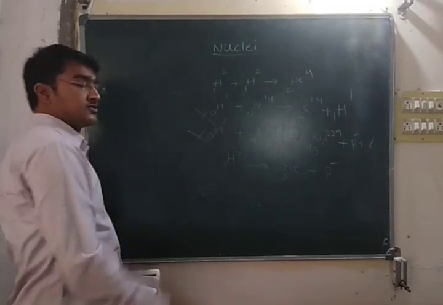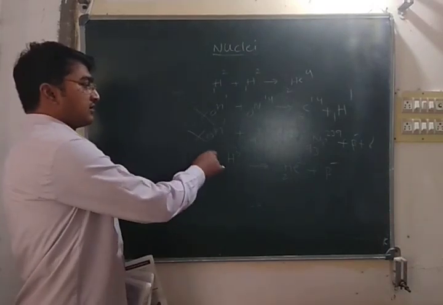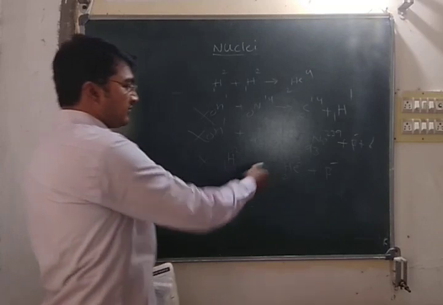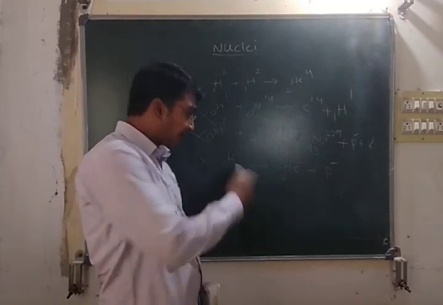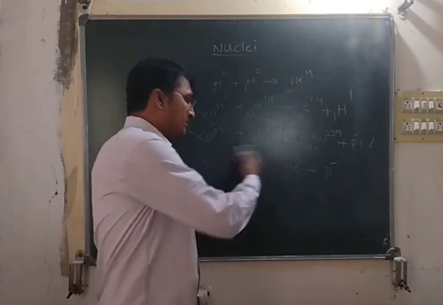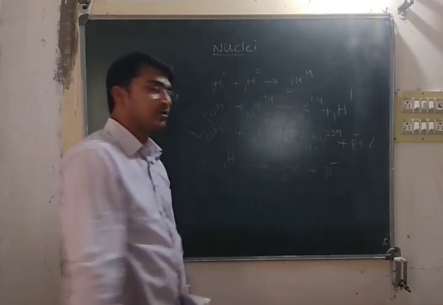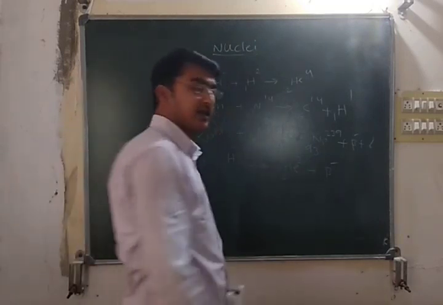Never these two. Here also never. It's not light nuclei forming; it's a conversion, beta emission. It's not combining here, it's a transmutation from hydrogen to helium, so it's a beta decay.